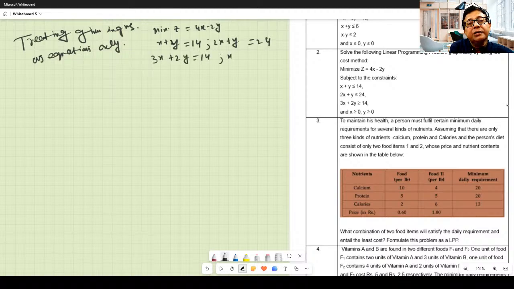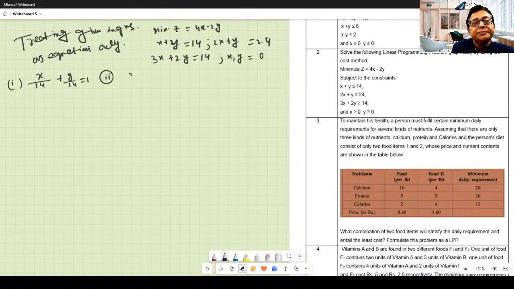And by the xy method, now let us plot the first line. It is x by 14, y by 14 equal to 1. Writing all in intercept form.